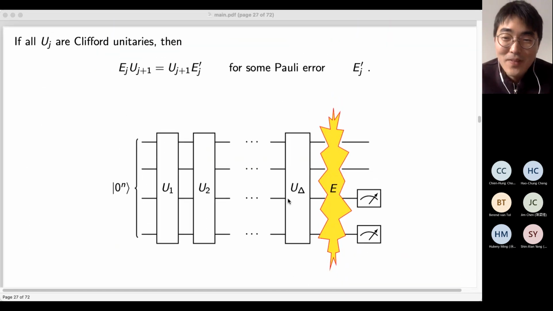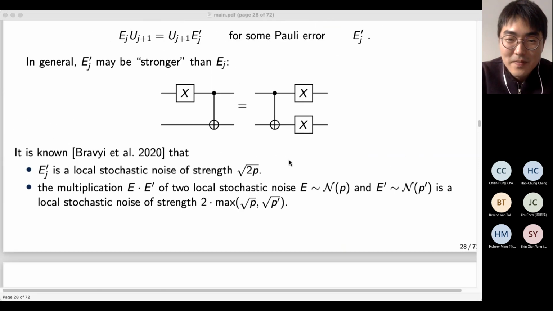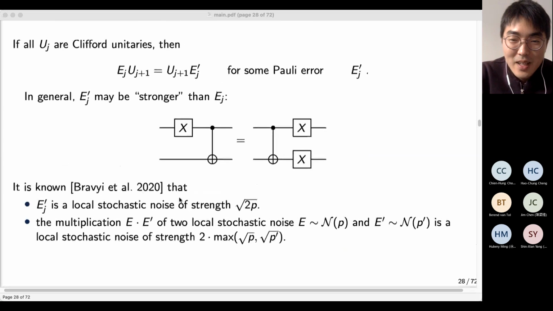Making the product of all these commuted Paulis, we get one Pauli error E at the end of the circuit just before the measurement. But we have to consider that this commuted Pauli error can be a little bit stronger than the original one.